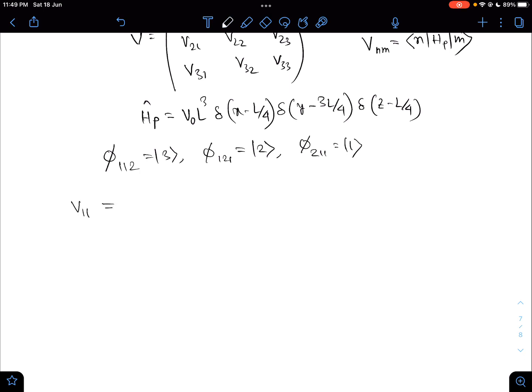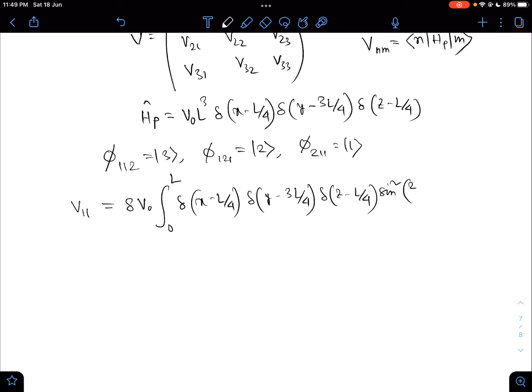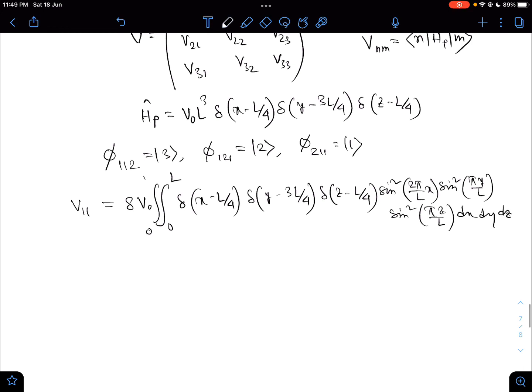V11 will be 8V0 over L cubed, integral of delta(x minus L/4) delta(y minus 3L/4) delta(z minus L/4), and here we will have sine square 2 pi x by L, sine square pi y by L, and sine square pi z by L, into dx dy dz, and all of the limits are from 0 to L.